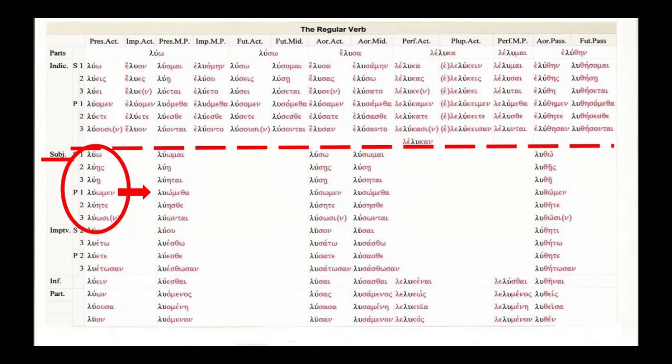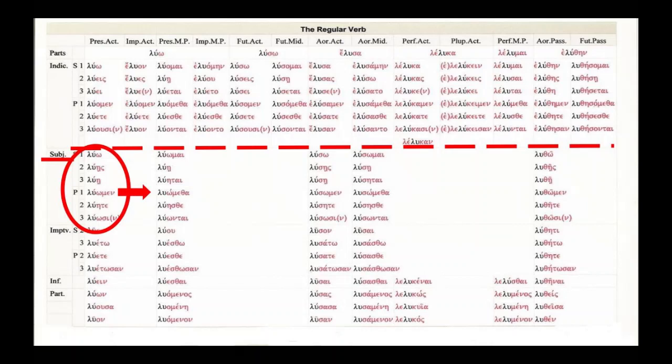Why is the aorist passive, why is the first singular, why is one an omega and one an eta? Here and here? Oh no, that top one. Oh, up at the top here? Luthō and eluthēn. But why is it ēn and ō at the ends? You see what I'm saying? Are we dealing with the indicative or down below?